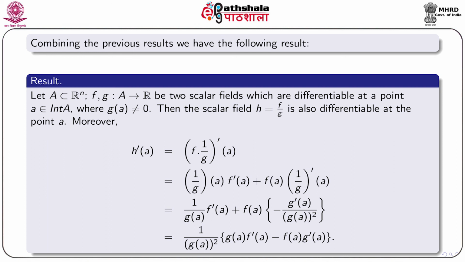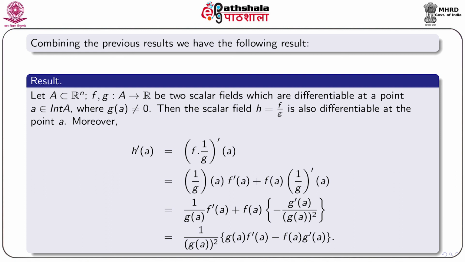F and G are two scalar fields which are differentiable at a point a, which is an interior point of the set A, where G a is non-zero. Now, obviously, 1 by G is differentiable at the point a. So, the product F multiplied by 1 by G is also differentiable at the point a. So, the scalar field H equal to F by G is also differentiable at the point a.